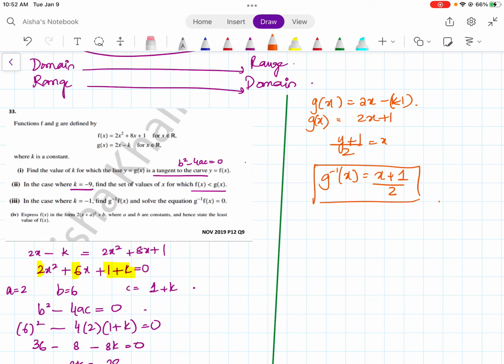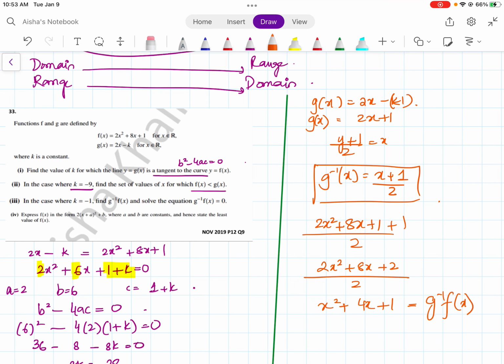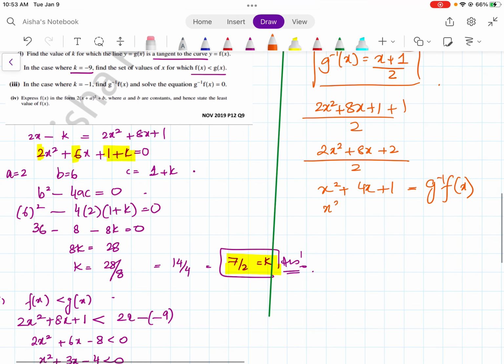Put f inside it. Now this is easy. A is 1, B is 4, and C is 1.